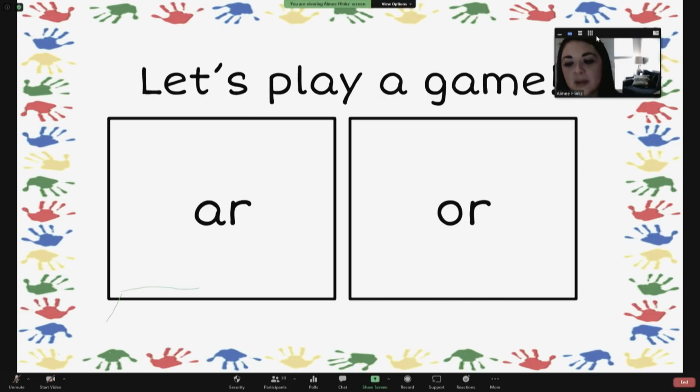And on the other piece of paper, I want you to write the OR spelling. R and OR. And I'm going to call out a word, and I need you to put your supersonic ears on, and I want you to listen to the word I'm going to say and hold up which sound that you hear.